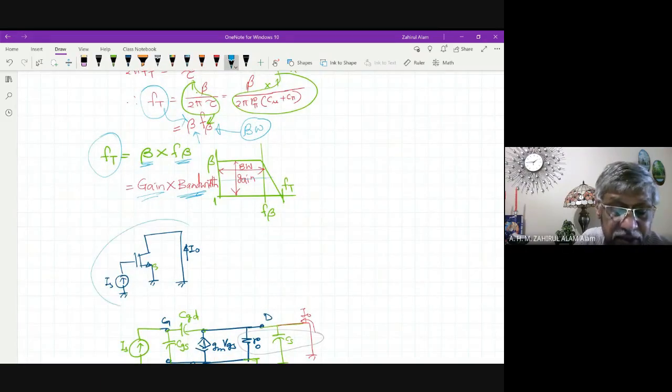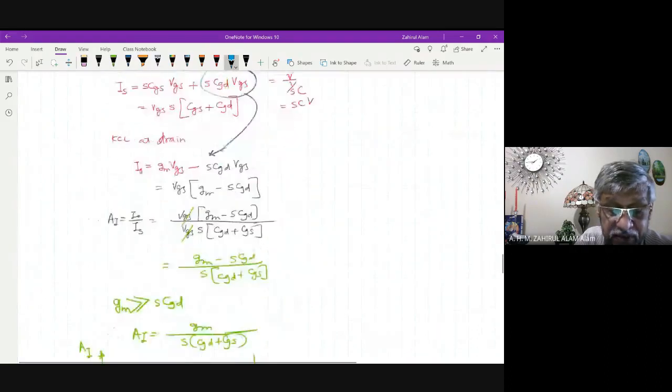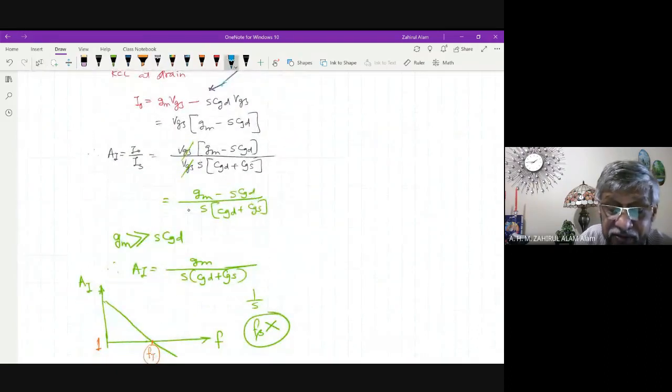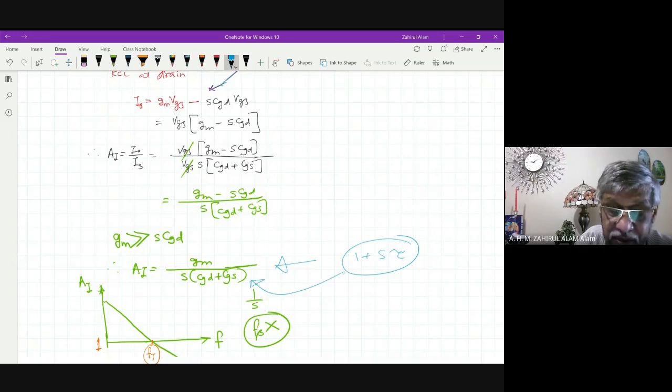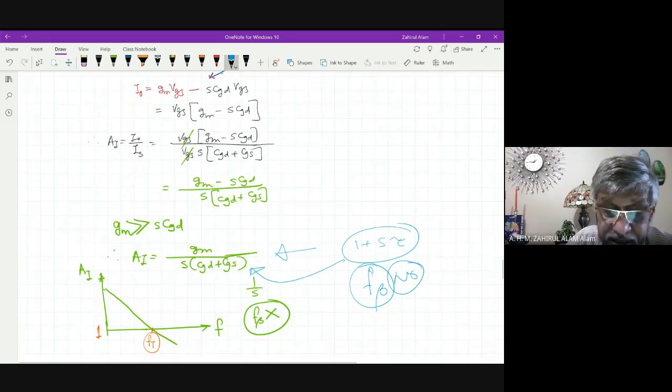And this is for the MOSFET. Similarly, we can find this transfer function, and in this transfer function there is no 1 plus s tau term. That means this transfer function has no corner frequency, meaning no beta frequency.